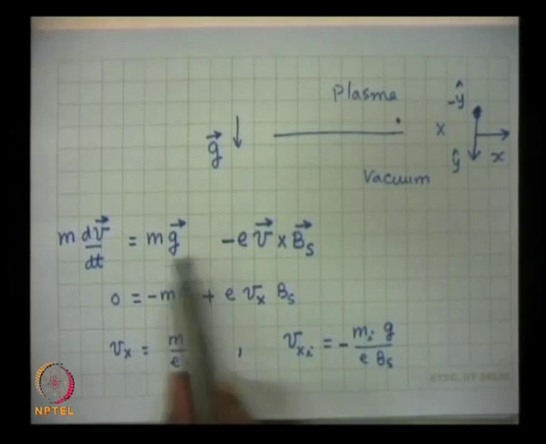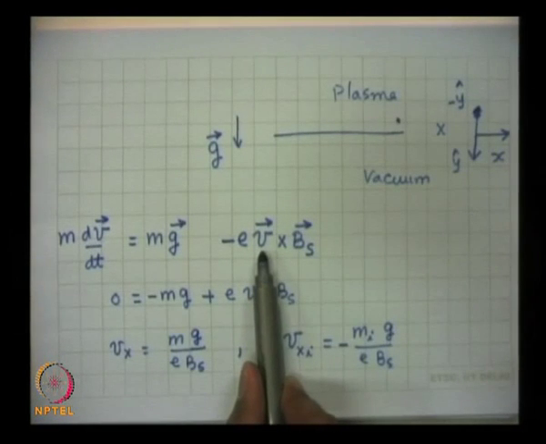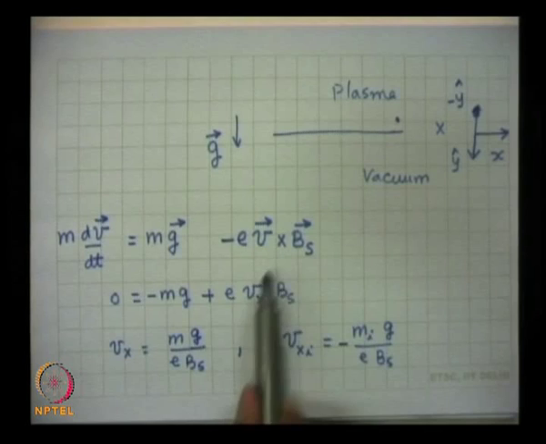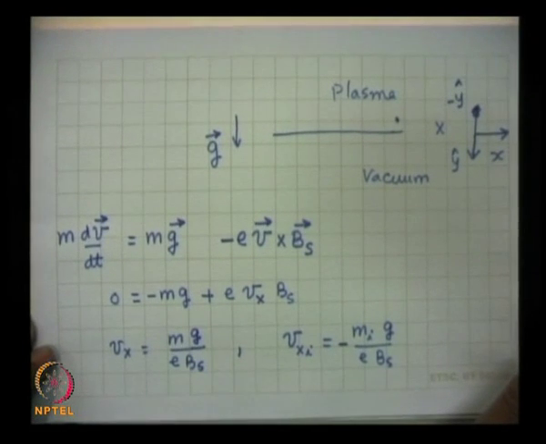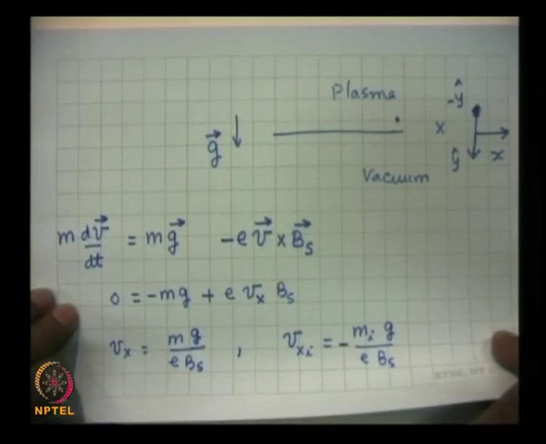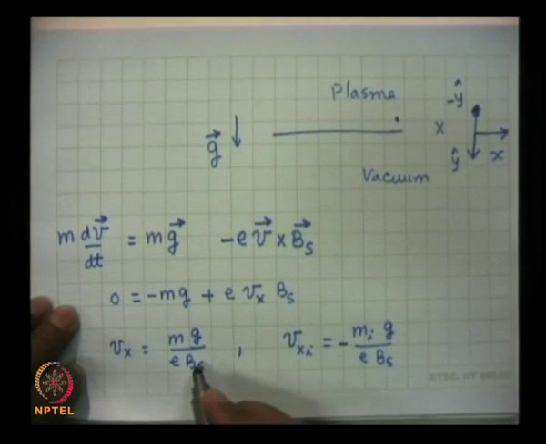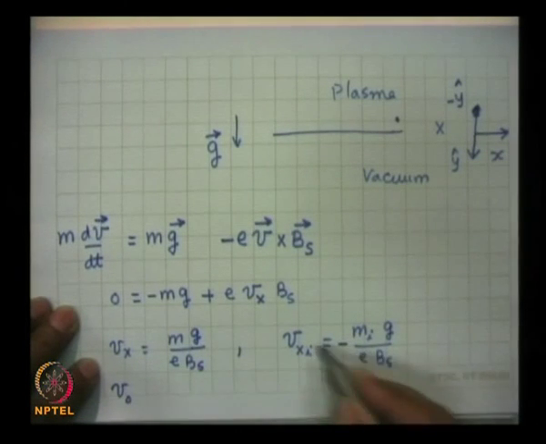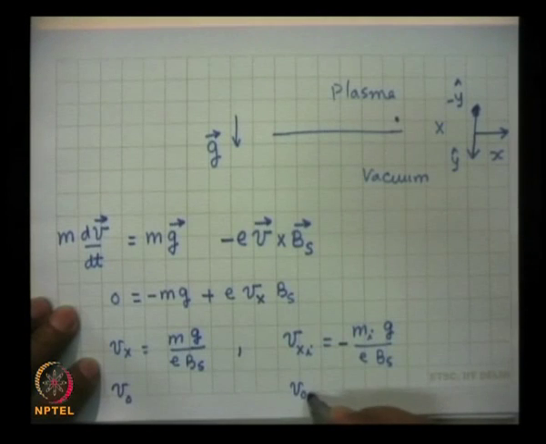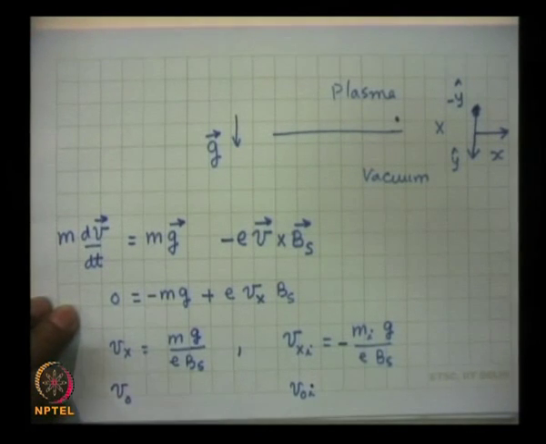G is in the y direction, so the y component of this will be z x minus. So this is plus. This is correct. I think this is not wrong here. This is fine. I will call this velocity of electrons V0, this Vx is equal to V0, and this velocity I will call V0I, the ion velocity.